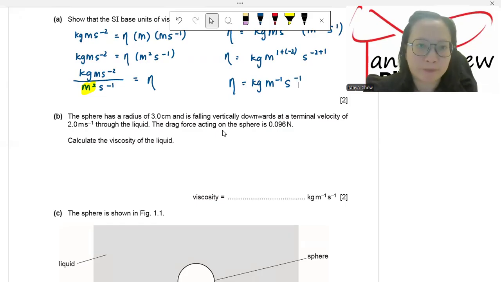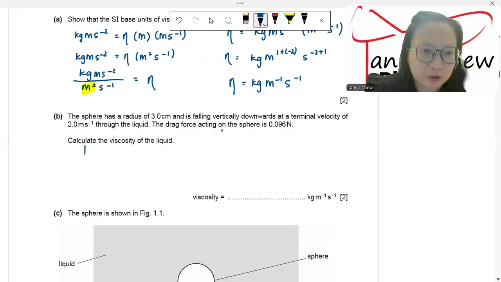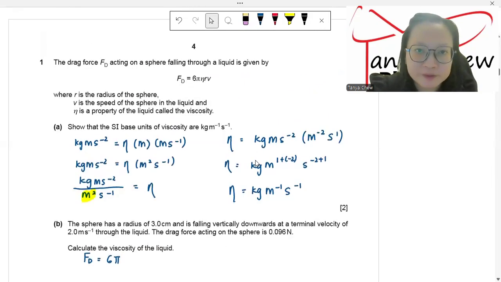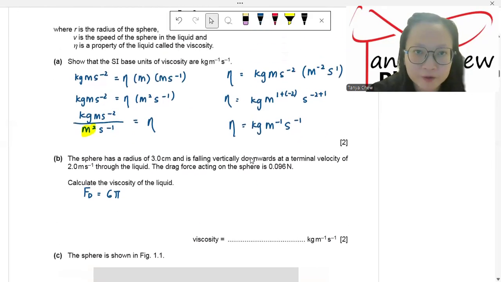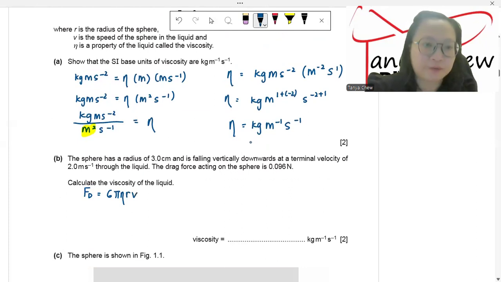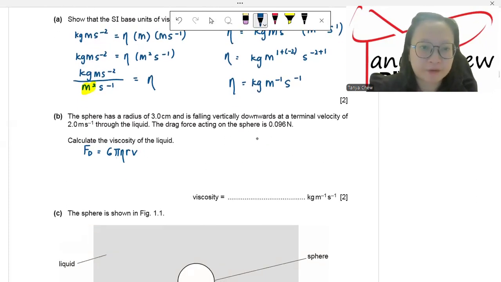Since the drag force is being given, I rewrite the equation. Fd is equal to 6 pi viscosity and RV. Now, Fd is given, which is 0.096 is equal to 6 pi, and the viscosity is not given because you have to calculate. R is given as 3 cm.